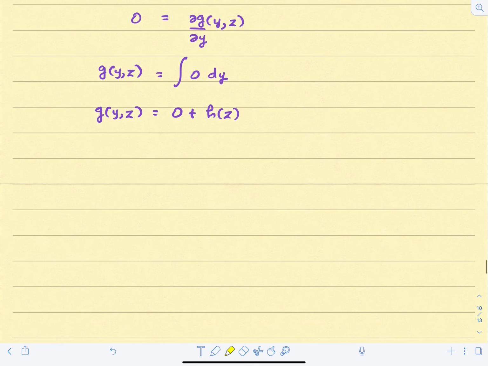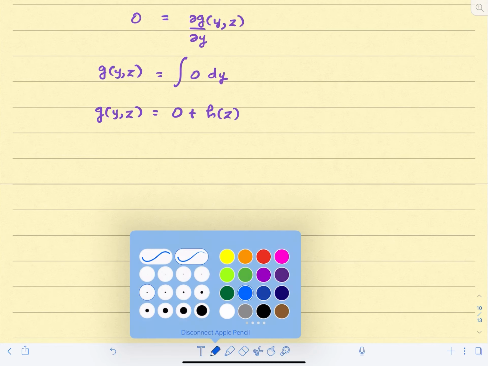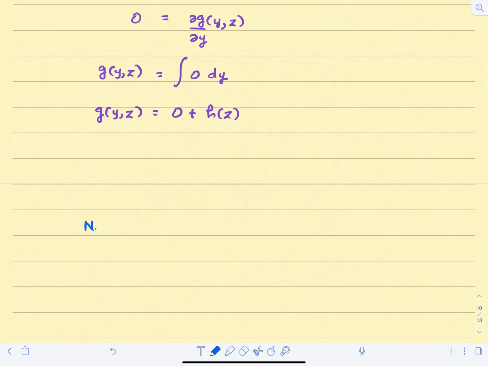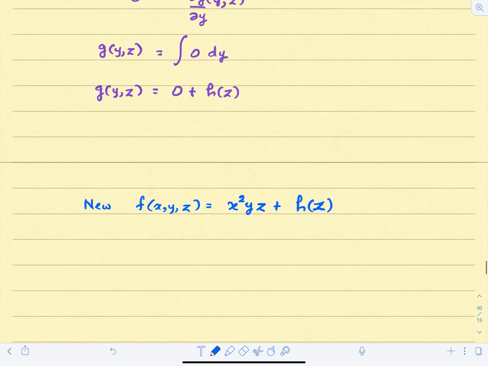So now my f equals x squared yc plus some function h of c.